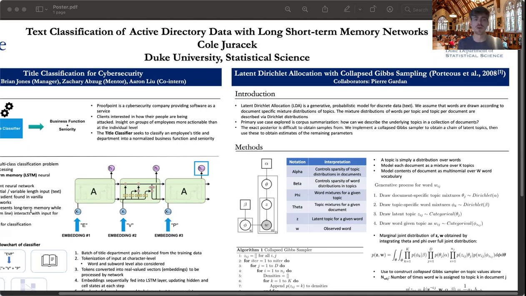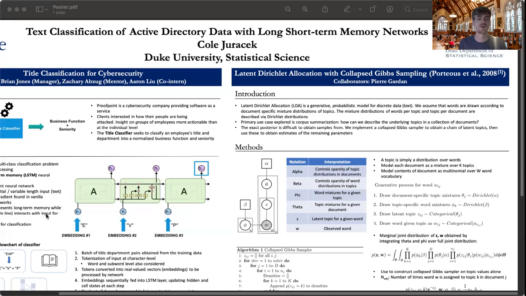First, I'm going to explain how the model works, including all of the parameters and the generative process for how the data is being created. We'll then perform inference on these parameters using what's known as a collapsed Gibbs sampler. Here we are basing this algorithm off of a paper called Fast Collapsed Gibbs Sampling by Ian Porteous and his group. And then finally, I'll discuss the results of running our algorithm on an example data set.